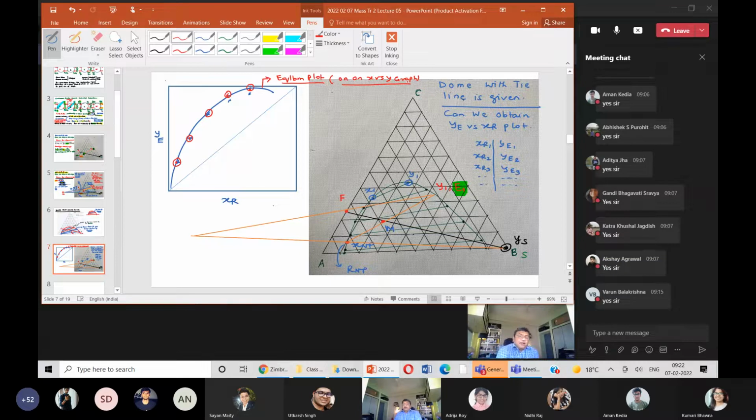Is it similar to the X versus Y plot you have drawn for distillation?